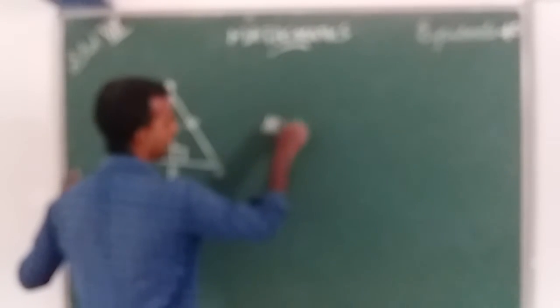The first question is: state the three pairs of equal parts in triangle ADB and triangle ADC. We want to state three pairs. AB equal to AC, given. And AD equal to AD.